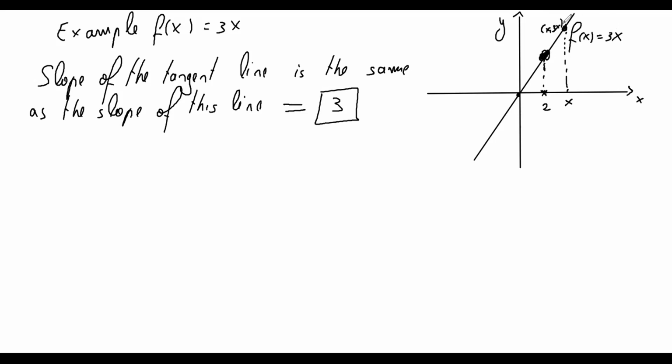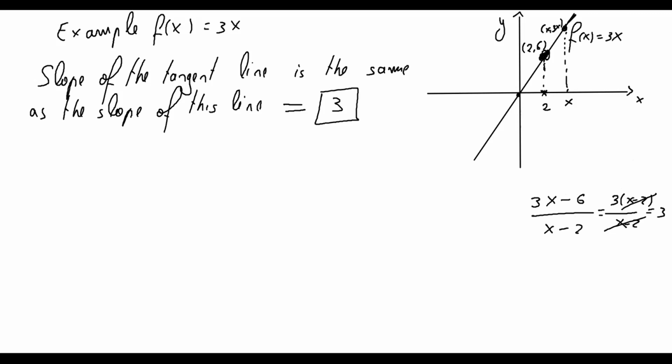And this is the secant line, right? So the slope can be calculated as 3x minus 6, because this point here is 2 comma 3 times 2, which is 6, divided by x minus 2. So the difference of y divided by the difference of x. You can factor 3 times x minus 2 divided by x minus 2, cancel out the x minus 2, and you end up with 3.